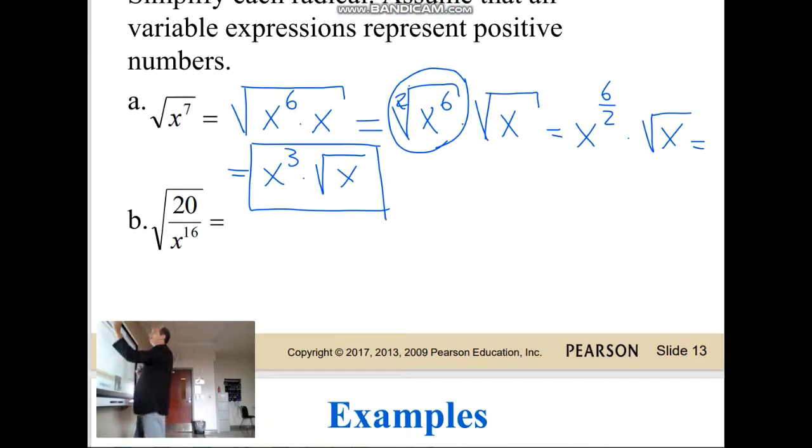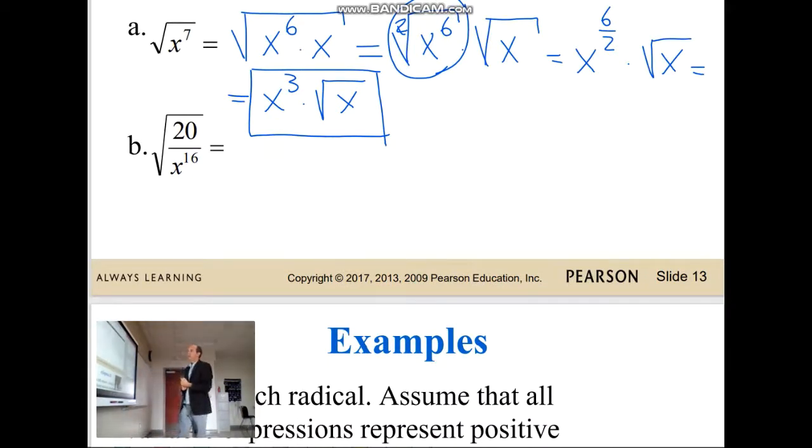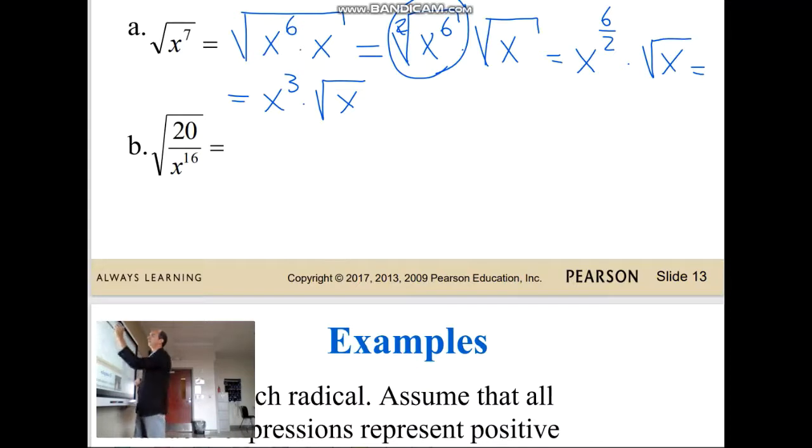Okay. Now the next one, letter B. Square root of 20 over x exponent 16. Let me just clean this up. All right. And we have space now.